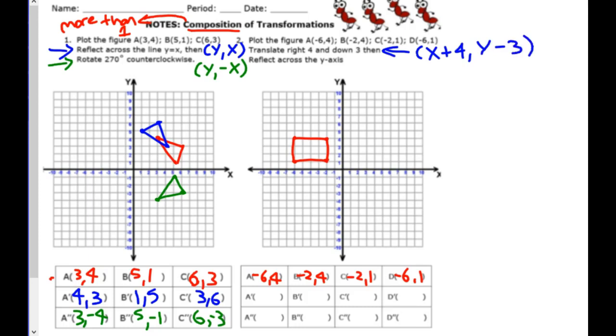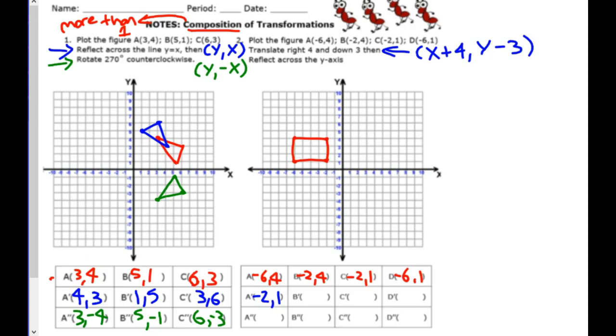So all we're doing is adding or subtracting. So let's do that. I'm going to take this negative 6, x value, and add 4 to it. So negative 6 plus 4 is negative 2. I'll take this y value 4 and subtract 3 from it, and I get 4 minus 3, 1. And we'll do this a little bit quicker now.